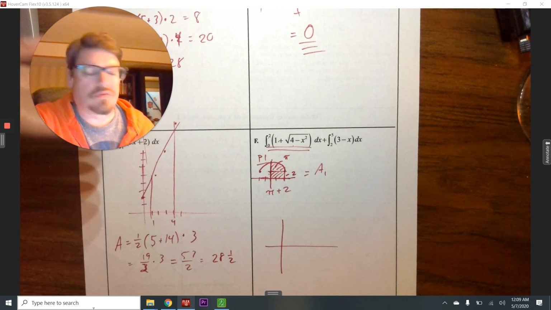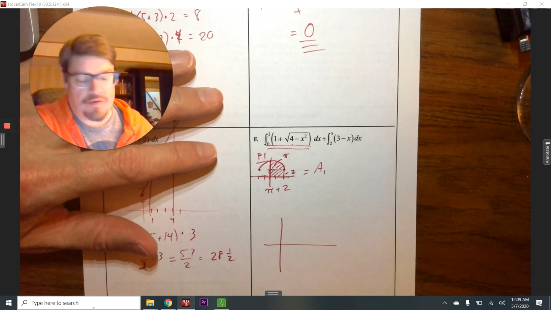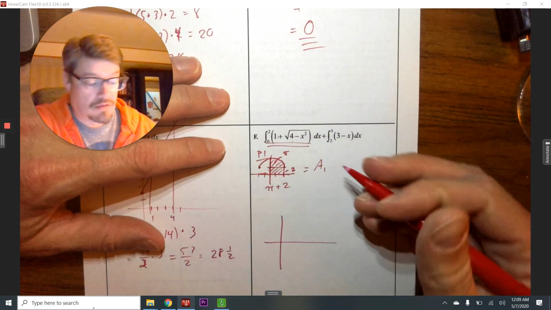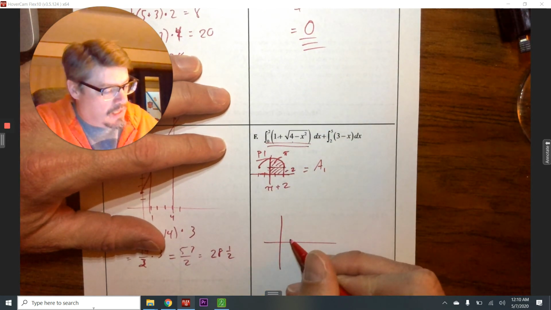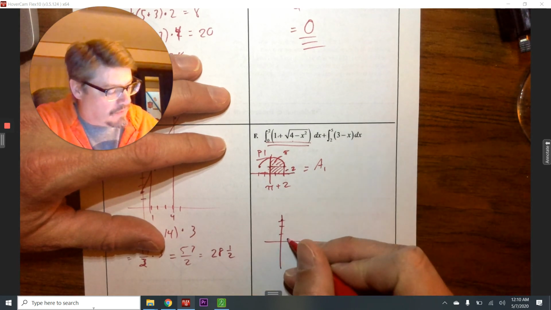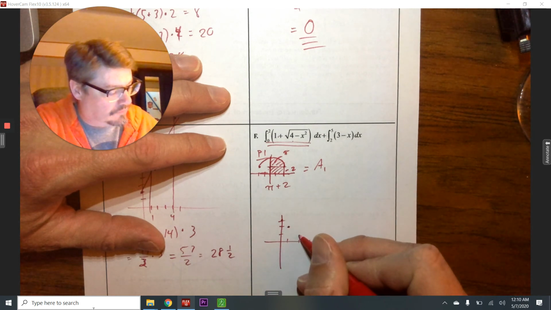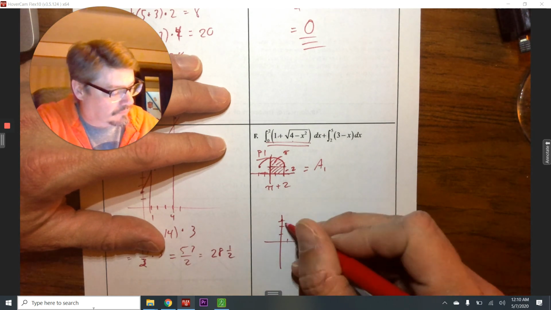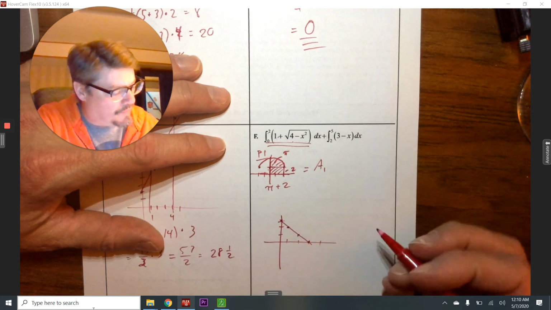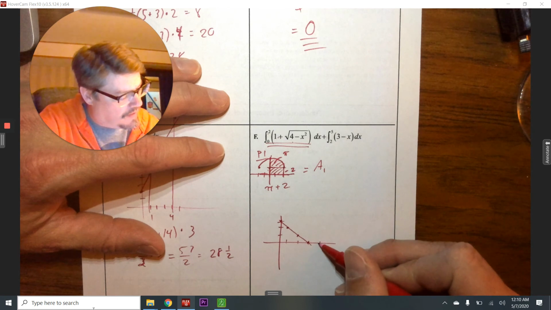Drawing pictures freehand like this leaves so much room for error, as you can clearly tell. If I started off at 3, the slope is -1. And we're going from 2 to 5.